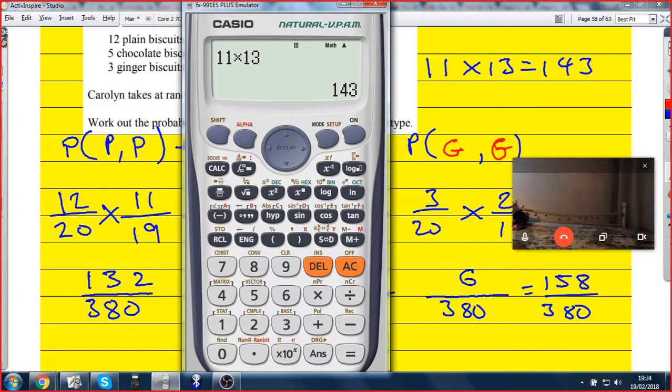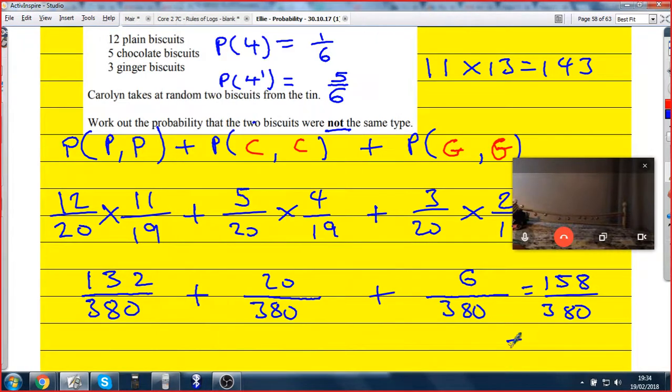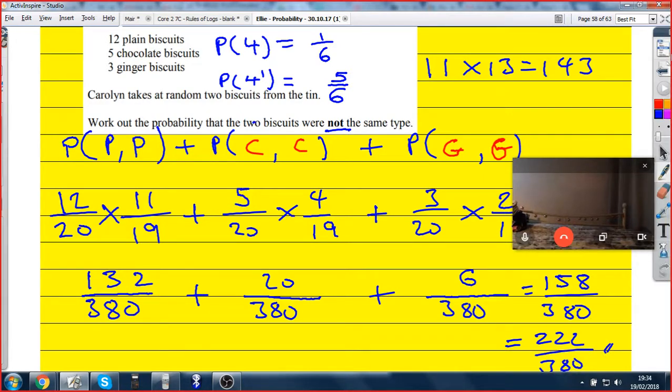Correct. That's it. So it's 380 take away 158, 222. And so it is 222 over 380, like you said. And that's what I've got down here.